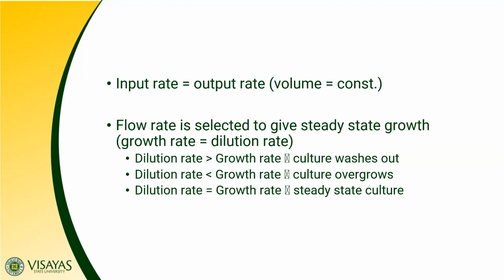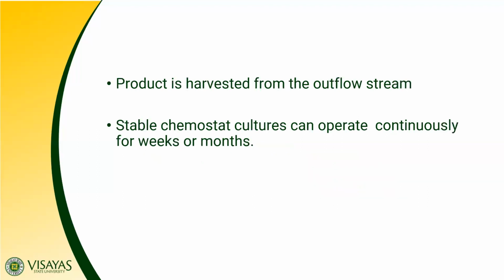I would also like to add that if the dilution rate is less than the growth rate, there is overgrowing of the culture and also increased toxin accumulation in the vessel. That is the effect when there is no balance of the dilution rate and the growth rate in the continuous culture.